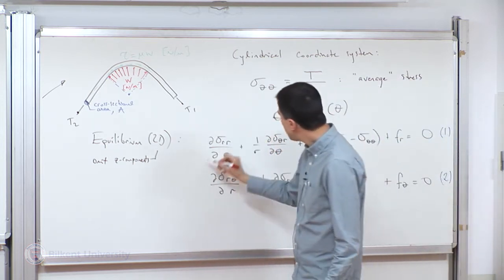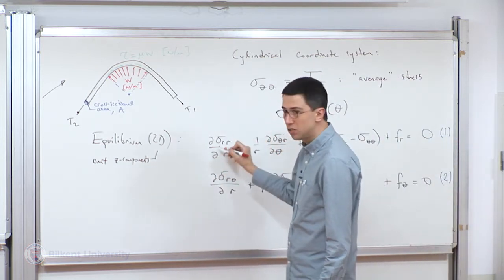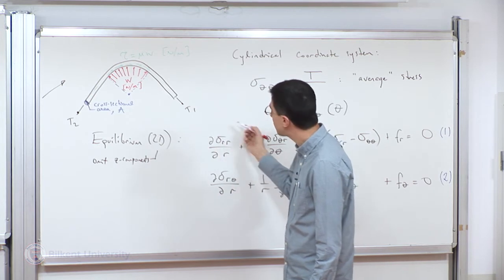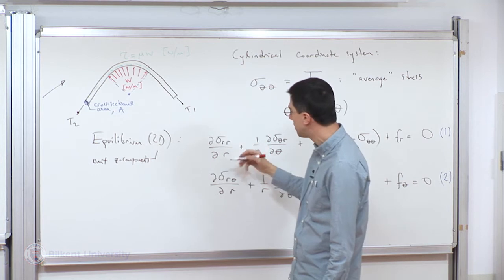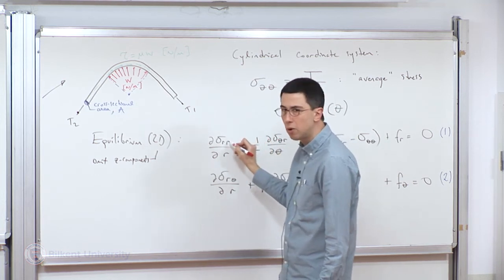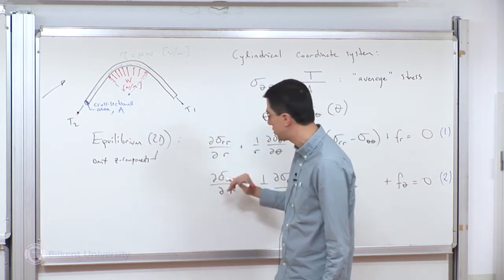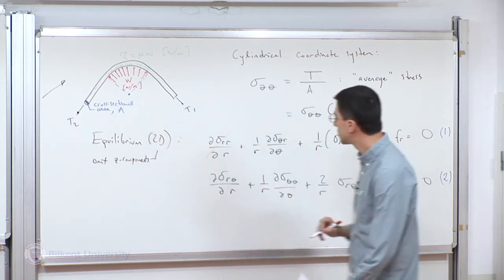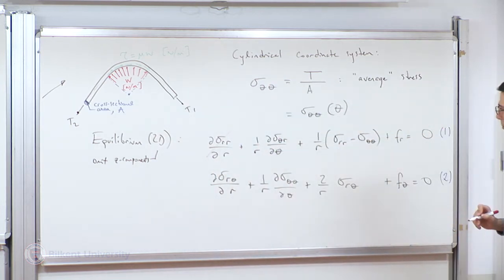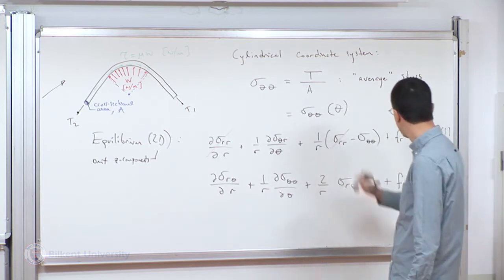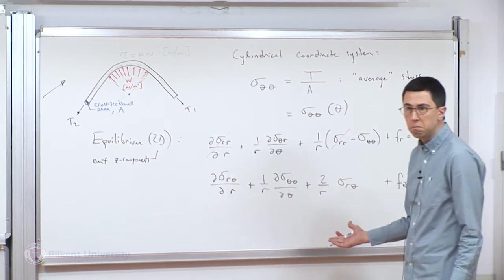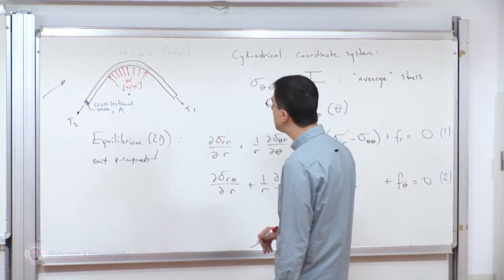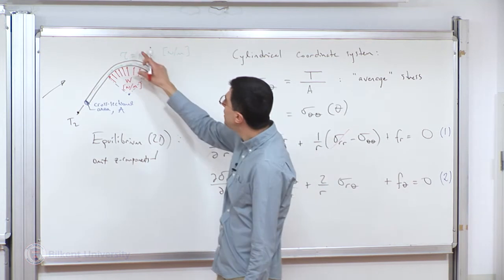Okay, so to be exact, this is not 0 because there is a sigma RR. And for sure, it goes from a non-zero value to a 0 value along the radial direction. But our argument is that eventually, sigma RR is something that is negligible in magnitude. So I'm going to just not worry about that term so much at the beginning, and I'm going to completely omit it. So sigma RR is gone. Now, sigma R theta is just something that's not going to be there. In principle, it could be there.